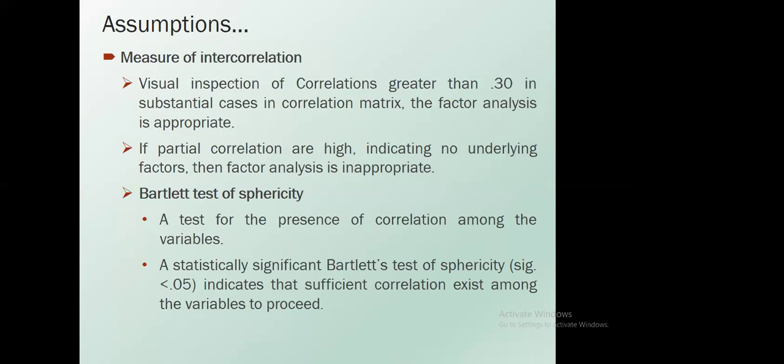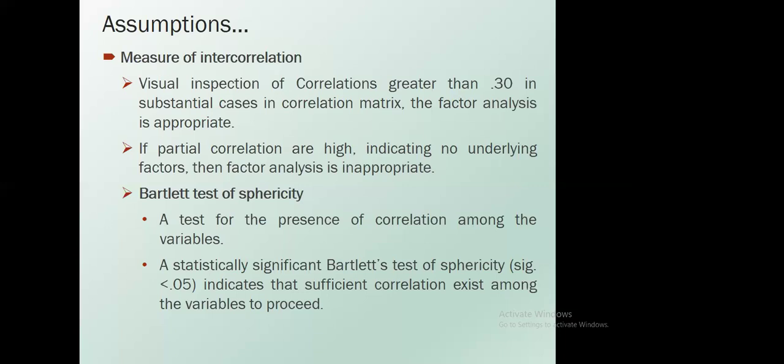So obviously a variable would be perfectly correlated with itself, that will be 1. Off diagonal elements being 0 means that the rest of the variables are not correlated with each other. So ideally, if you have to perform factor analysis, this hypothesis should be rejected, that is, the p-value should come less than 0.05.